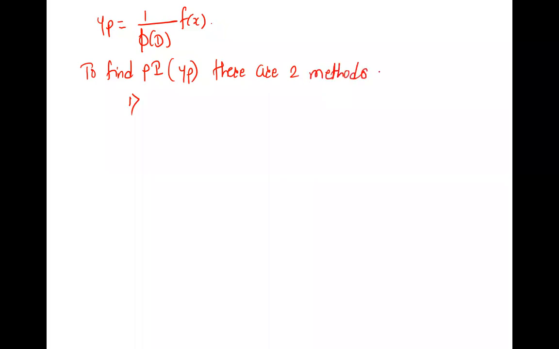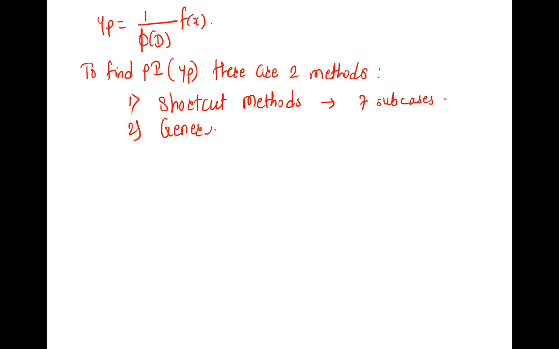First method is shortcut methods. In this shortcut method, there are 7 subcases. And second method is general method. There is another method of variation of parameters, but we are not interested in them. We have only 2 methods for your study, shortcut method and general method.